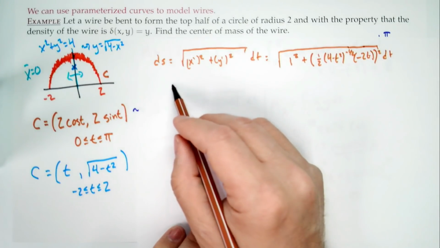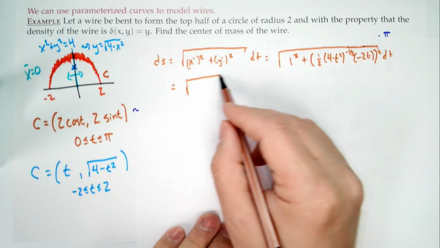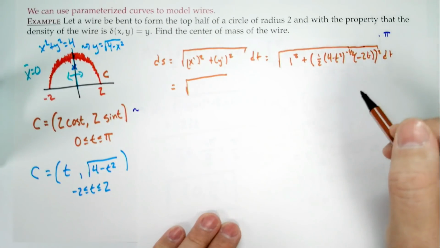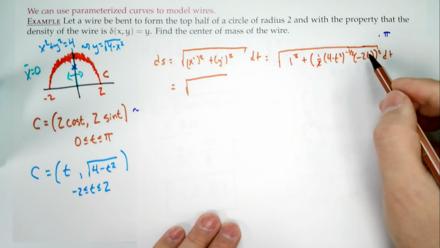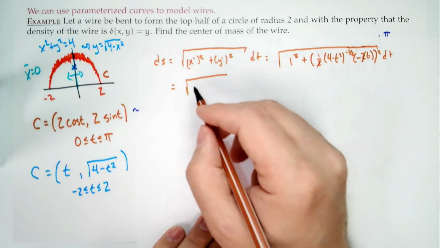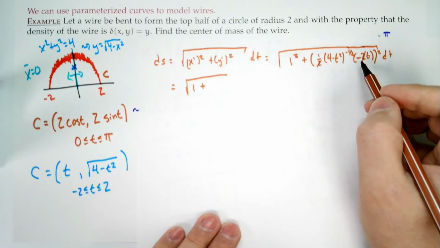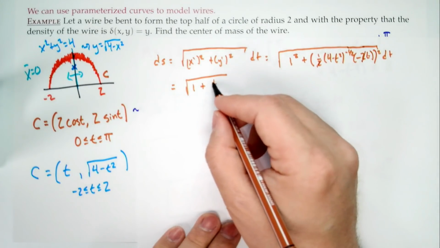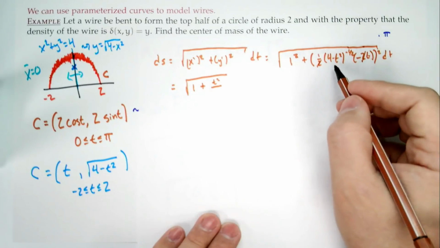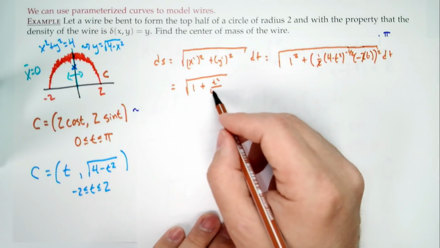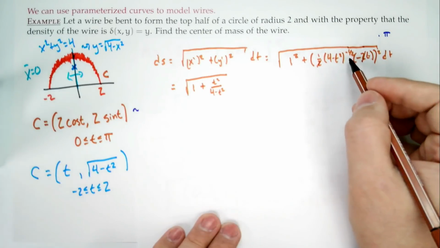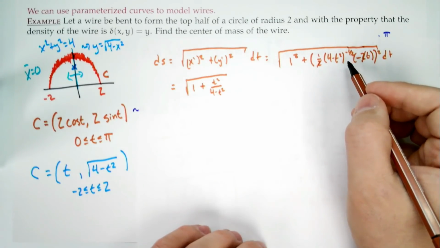So this becomes the square root of, what happens here? Well, notice the 2's cancel. So we get 1 plus, when we square, the minus goes away. You're going to get t squared over 4 minus t squared, because of that negative 1/2.